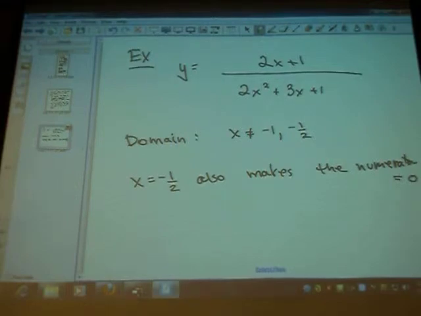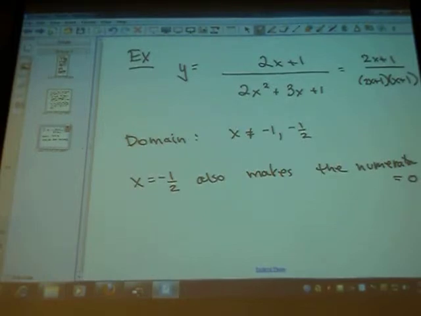And you can see that because when you factored your denominator, it factors to 2x plus 1 times x plus 1. Okay, you see that factor occurring in the numerator and the denominator. So you know the same number would make those 0. Okay, it's almost like that factor kind of cancels out. You don't really want to cancel it out, but it does sort of cancel out.